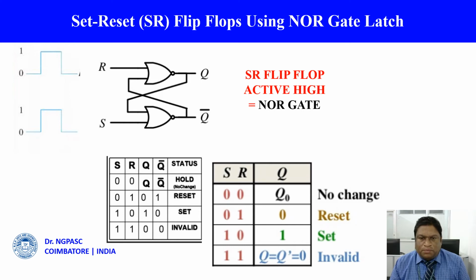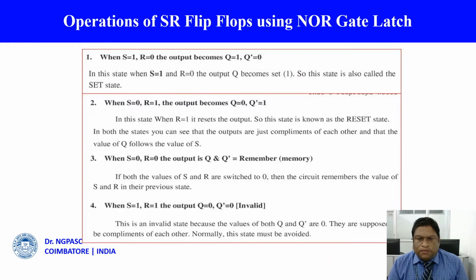But when we put both inputs as 1, what will happen? When we have both inputs as 1, the final output will be that Q as well as Q bar both have a value of 0. But this is not allowed according to the design of the circuit. Q and Q bar should always be complements of each other.